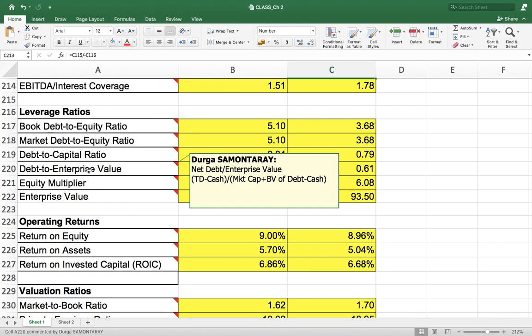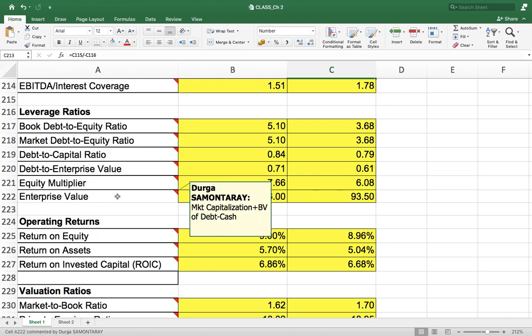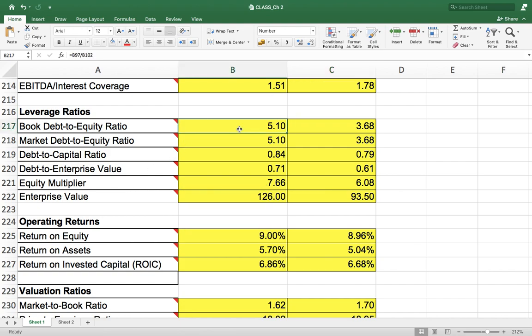So net debt to enterprise value, and equity multiplier, total asset divided by total equity. Enterprise value will be used further down also, so I have created one for calculating the enterprise value. Here the book debt to equity ratio increased, you see, from 3.68 to 5.10. The reason is that in 2016 we have seen a substantial increase in the long-term debt.